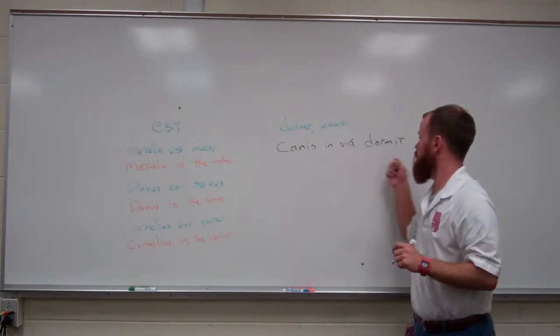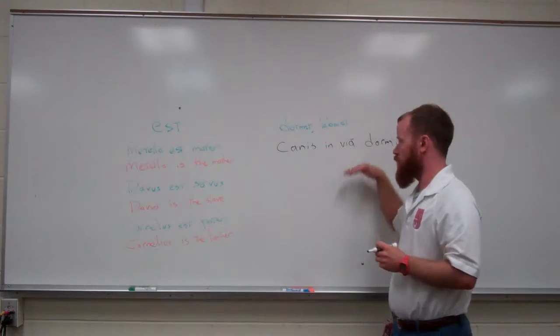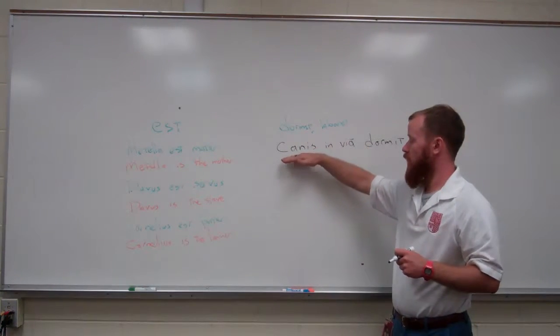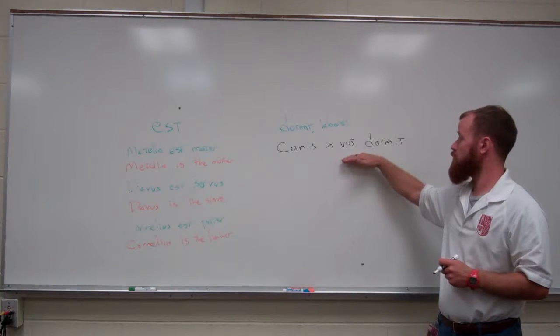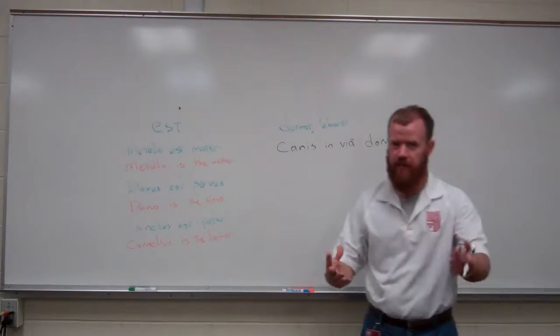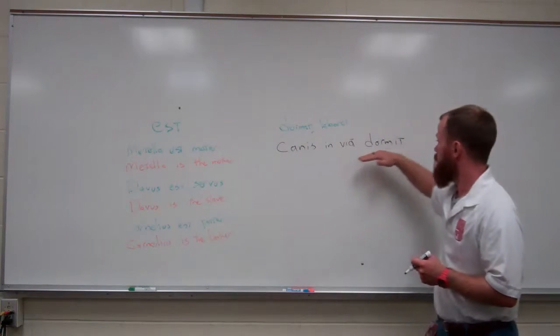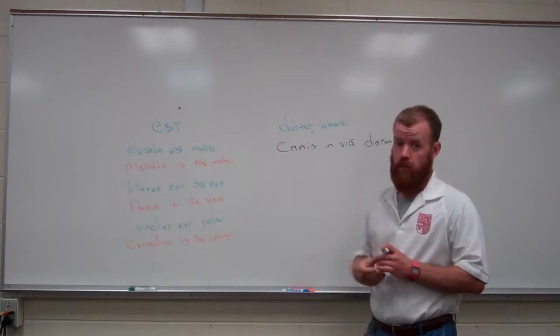So canis in via dormit. If we were to do a Latin word to English word, it would read a dog in the road sleeps. And that doesn't really make sense in English. We have to remember to flip it around and say a dog sleeps in the road.